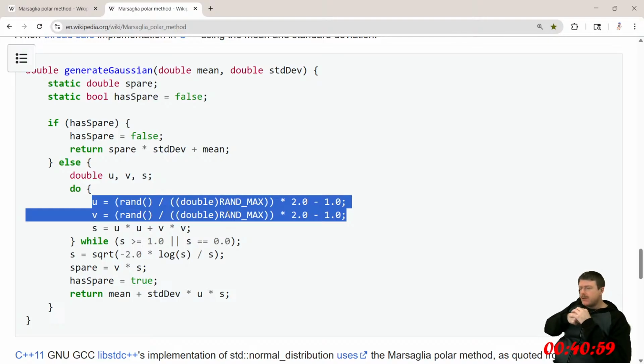Like this is fine in a loop, but this isn't like how my algorithm works. This one's significantly faster.